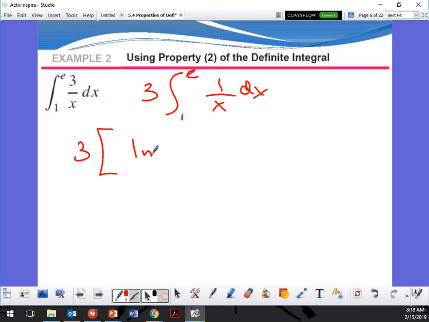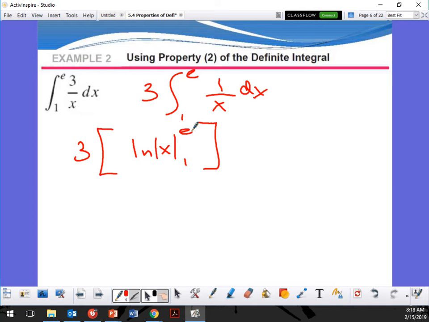So ln of x from 1 to 3, right? Or 1 to e, I'm sorry. There we go, 1 to e.